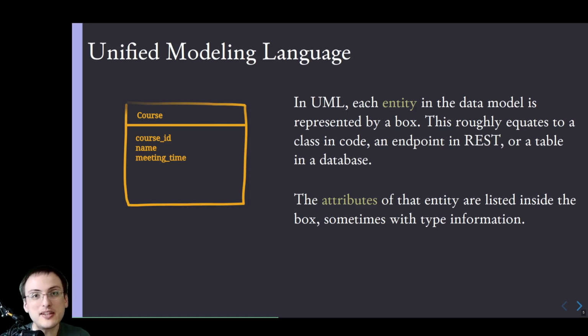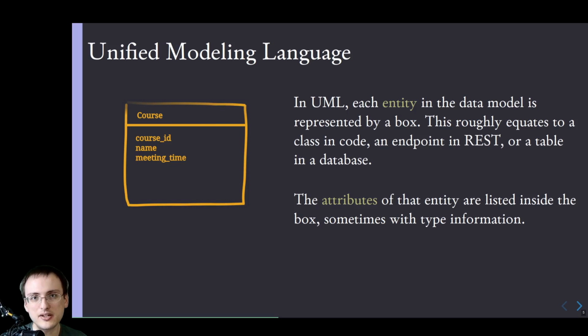And that's what's really convenient about this UML model, is that it works roughly the same for any of these different layers that we're working in and writing code for. So this is one entity in the model with the attributes that are part of that entity.